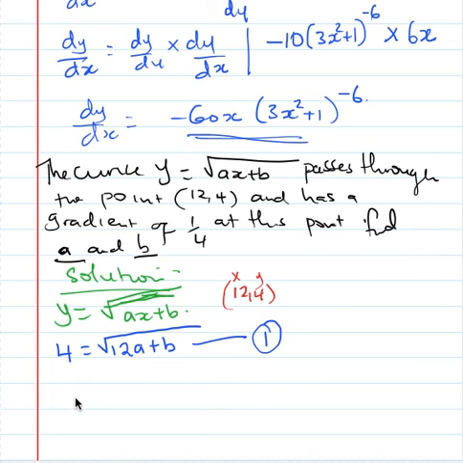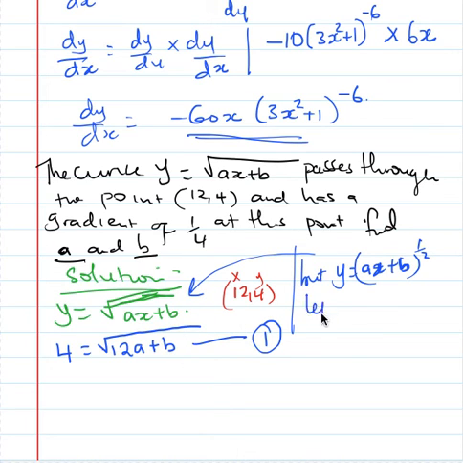So this is equation 1, but also remember that y is the same as (ax plus b) to the power of a half. This here is exactly the same as this, so there's no problem with that.